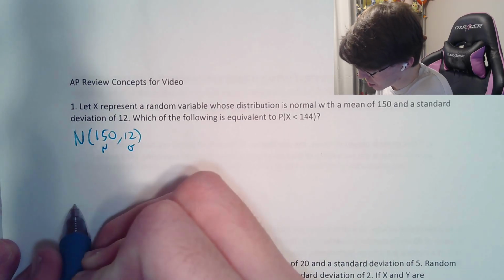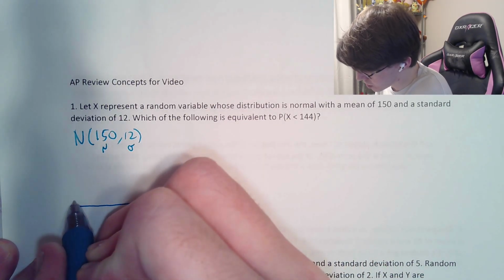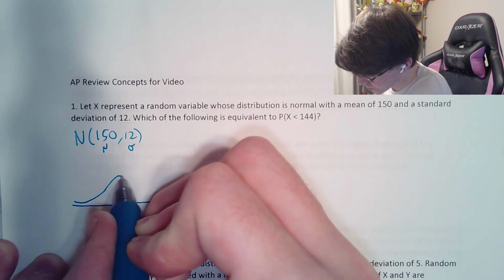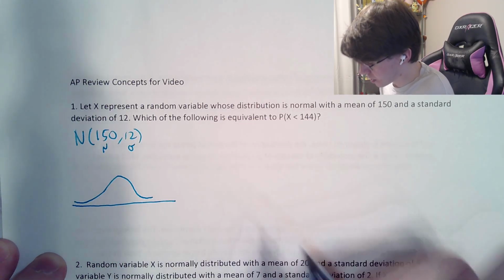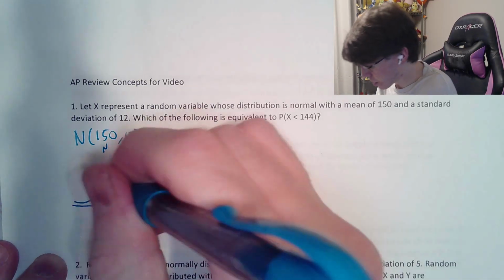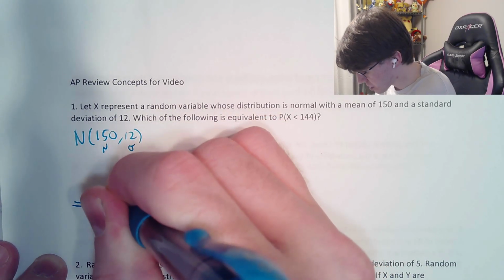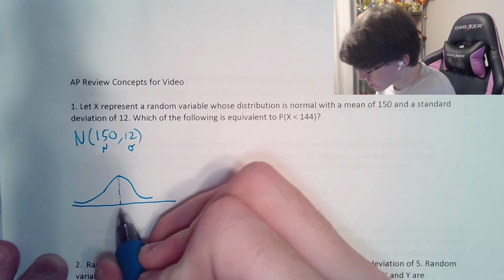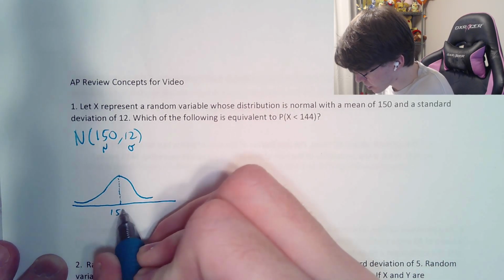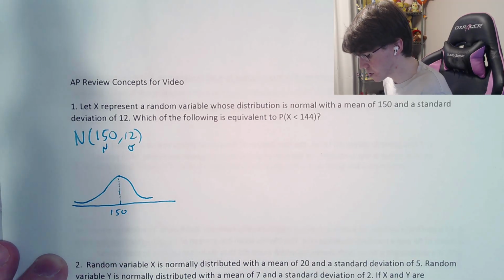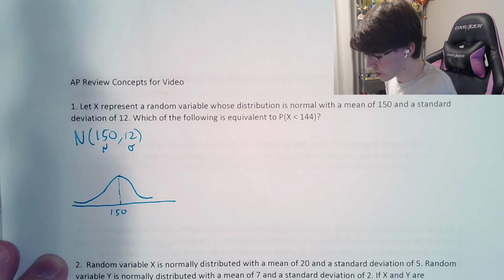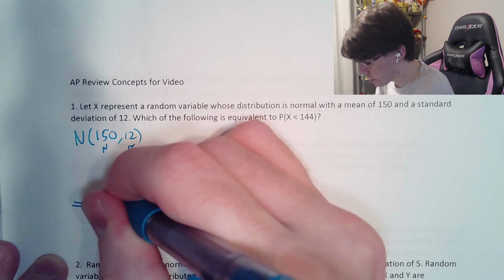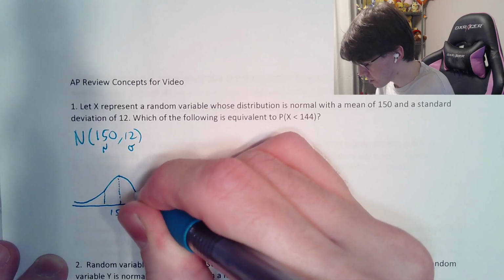I think it's a good idea to have a visual understanding of what's going on. So we're going to draw a little version of a normal distribution, where our dead center value, our peak value, is going to be 150, and that is also the mean for this question. And we also have a standard deviation of 12, so on both sides it's going to be exactly equal.